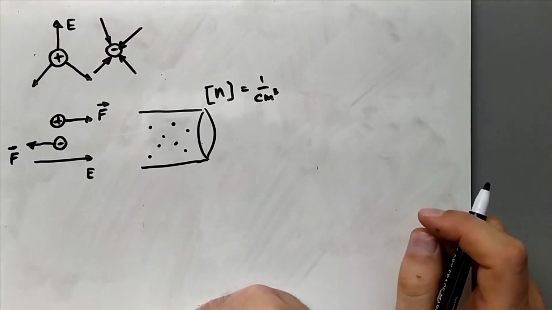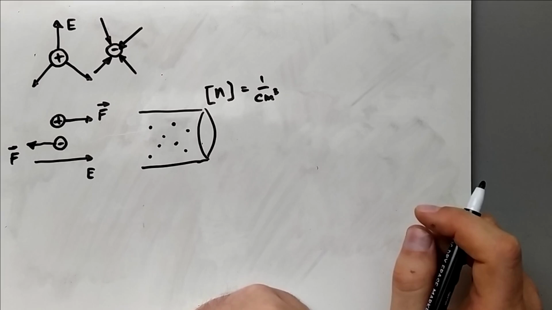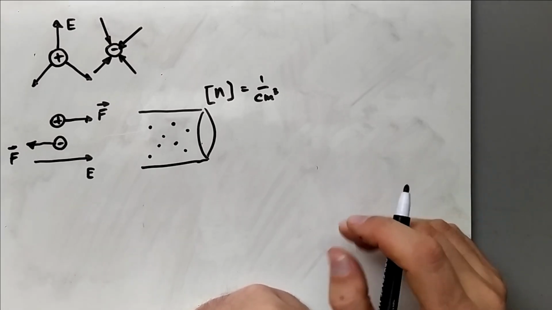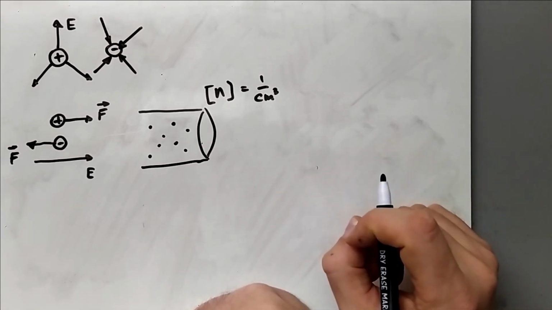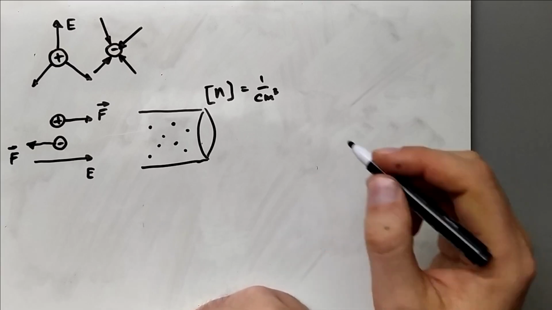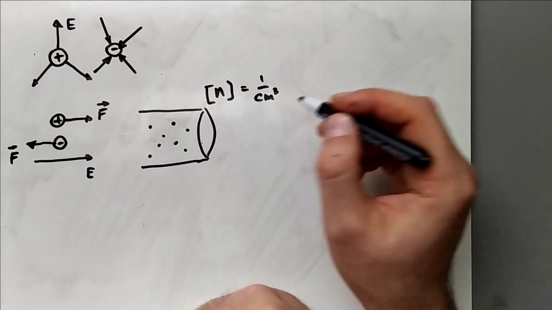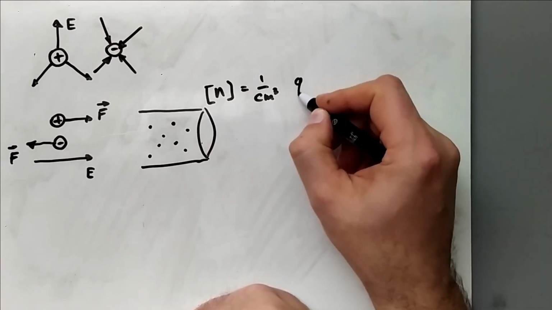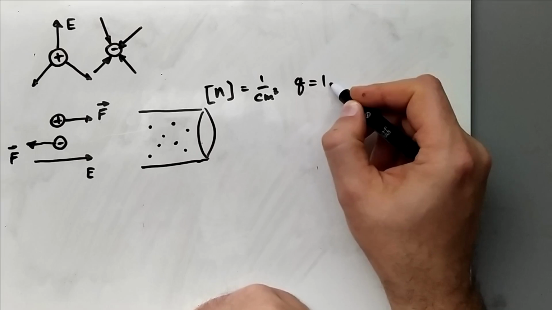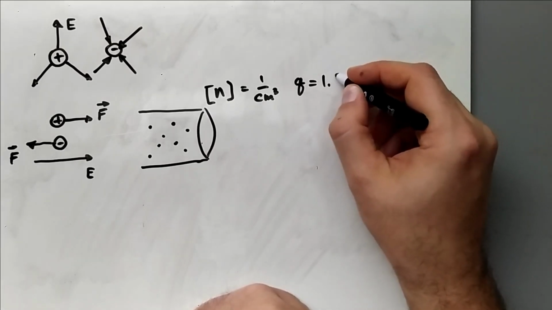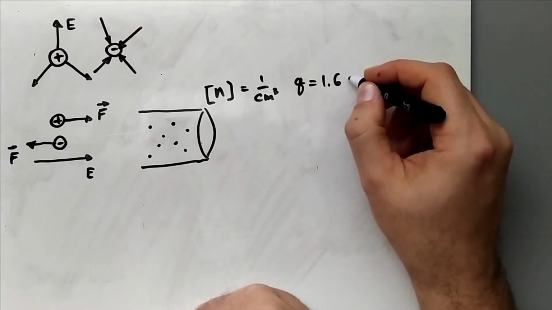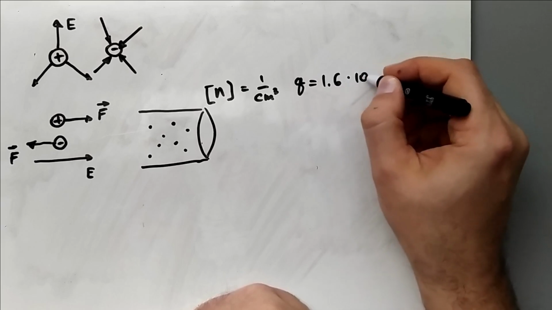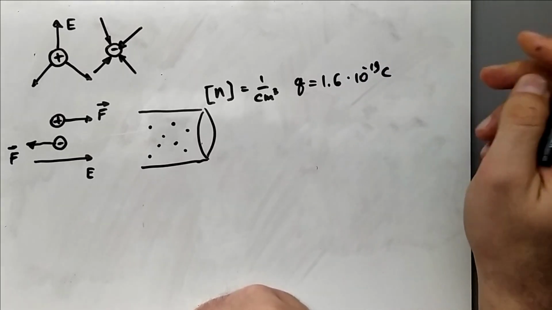How many electrons per cubic centimeter, the spatial density of electrons in metal. We know that an electron is a carrier of elementary charge Q, which is equal, I refresh, you already mentioned it a little bit earlier, to 1.6 × 10⁻⁹ Coulomb.